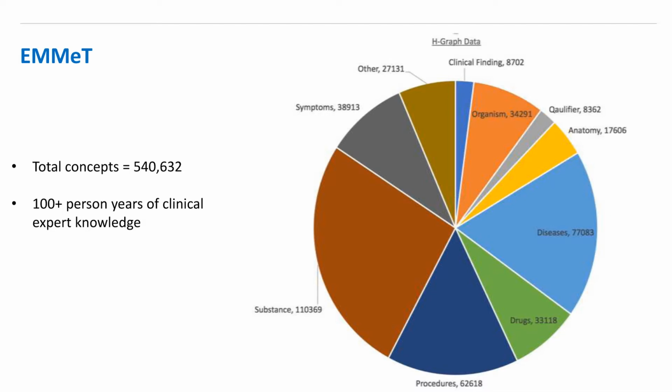So it's about 100 person years of clinical expert knowledge in building out the structure of medicine and the entities that are important in medicine. So that's cool. That's what we have. It's a basis for a knowledge graph that we call an H graph that we're building out. And what's interesting is that it provides us this structure that we can attach additional relationships to.